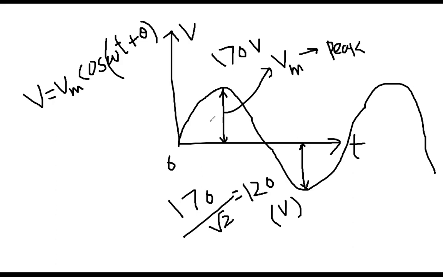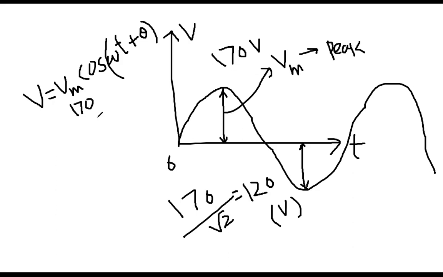So if you really attach an oscilloscope at any plug point at your home, then definitely you will see this type of response, and this magnitude should be like 170 here.